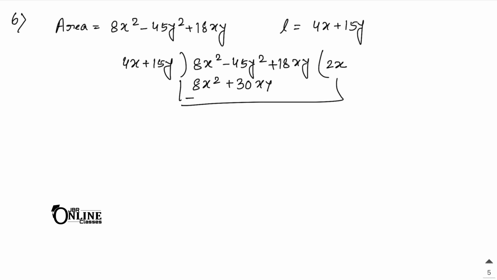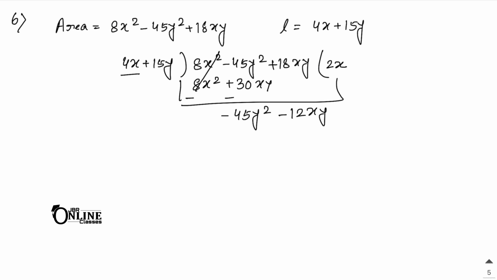So minus, here minus, this one cancels out. Write down the 45y square, and as here 18xy and minus 30xy, it will be minus 12xy. I hope it's clear.